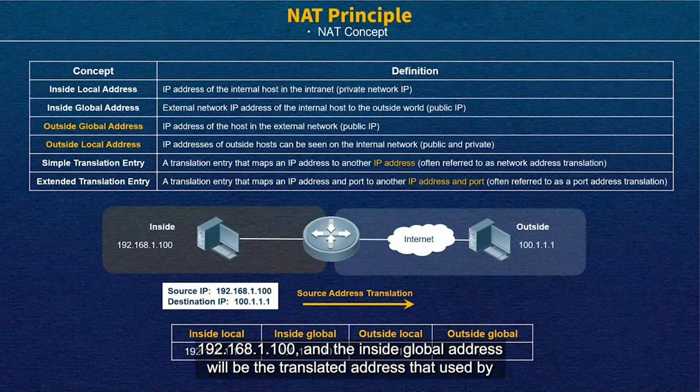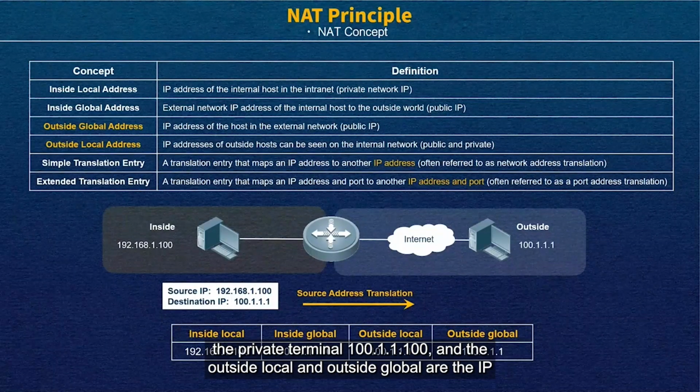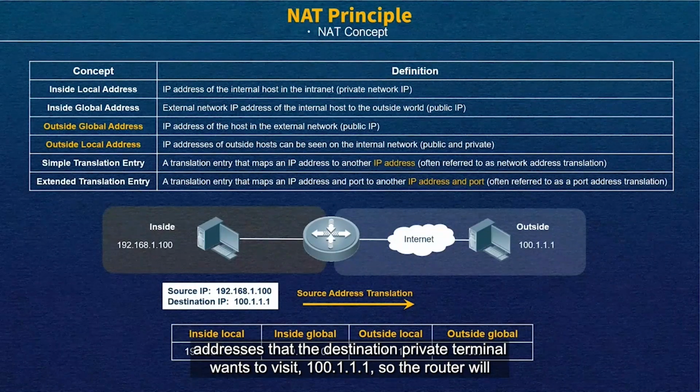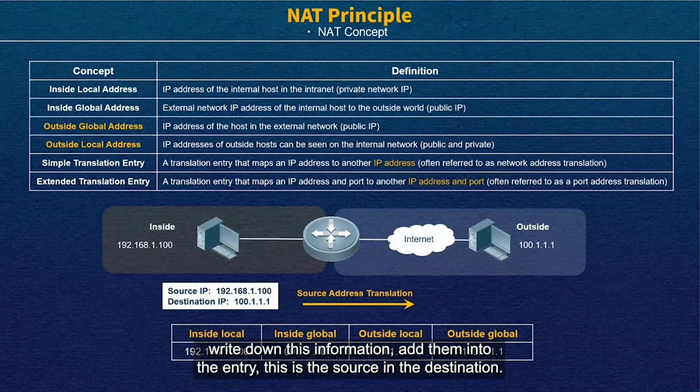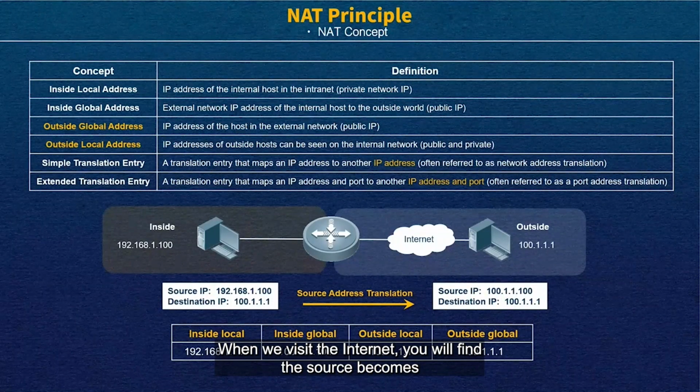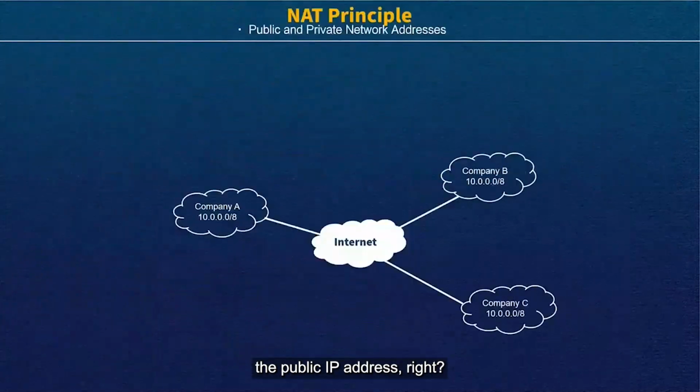And the inside global address will be the translated address used by the private terminal, 100.1.1.100. And the outside local and outside global is the IP address that the private terminal wants to visit, the destination, 101.1.1.1. So the router will write down this information and add it into the entry. This is the source and the destination. When we go to the internet, you will find the source IP address becomes the public IP address, right?